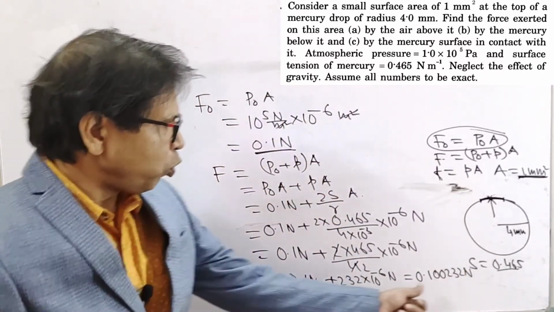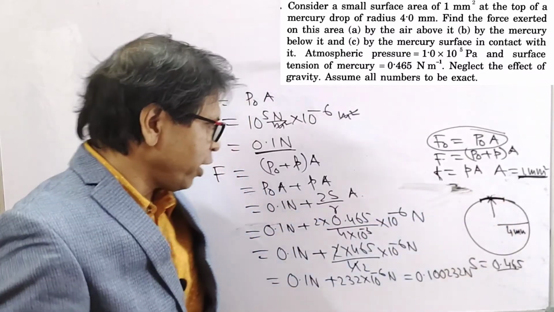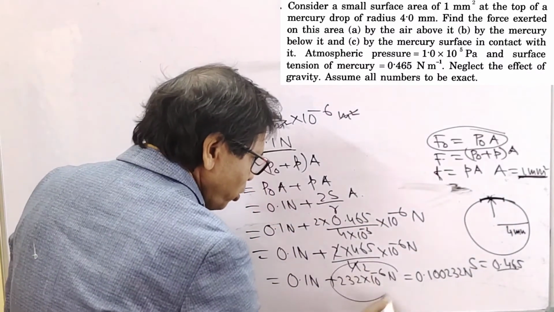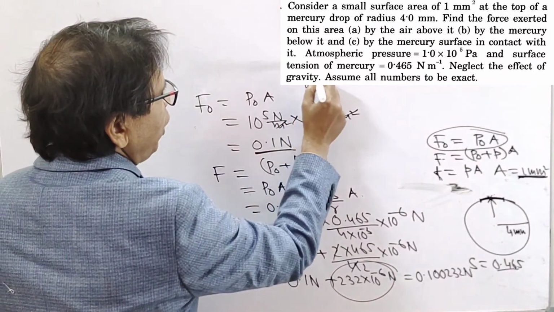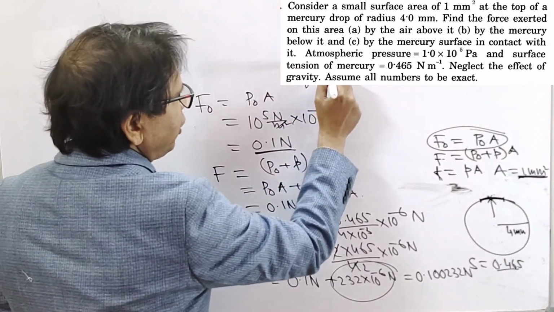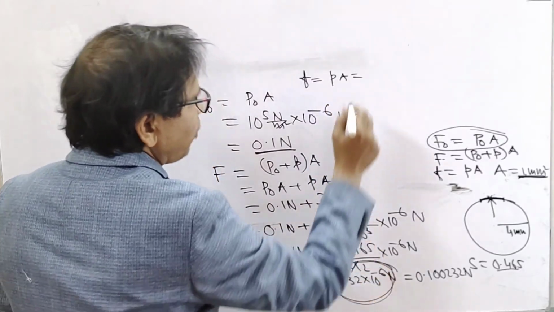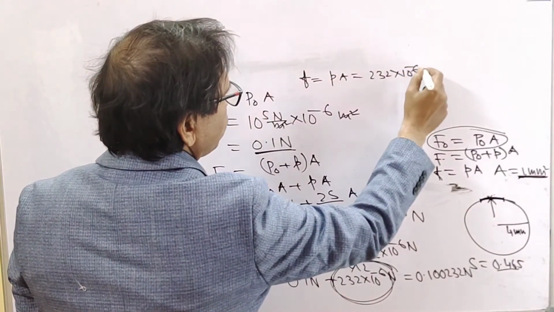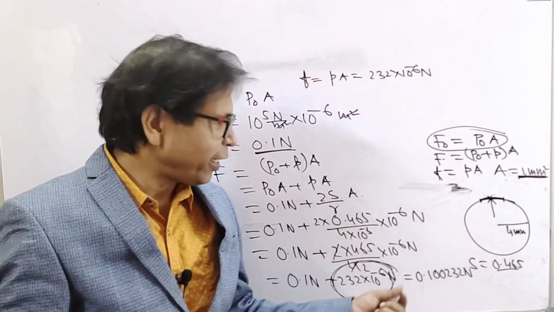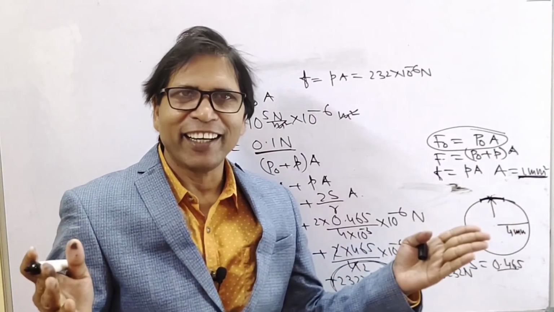Okay, and the force exerted by the mercury surface in contact with air, finally small f is equal to small p into A, therefore 232 into 10 to the power minus 6 Newton is the force exerted by the mercury surface in contact with air.